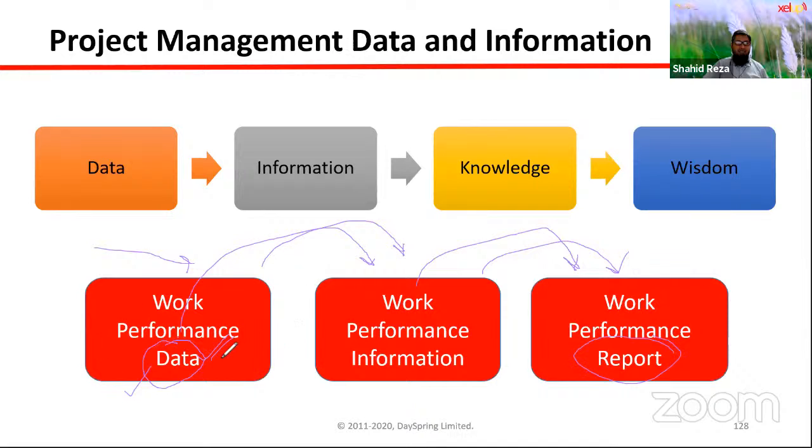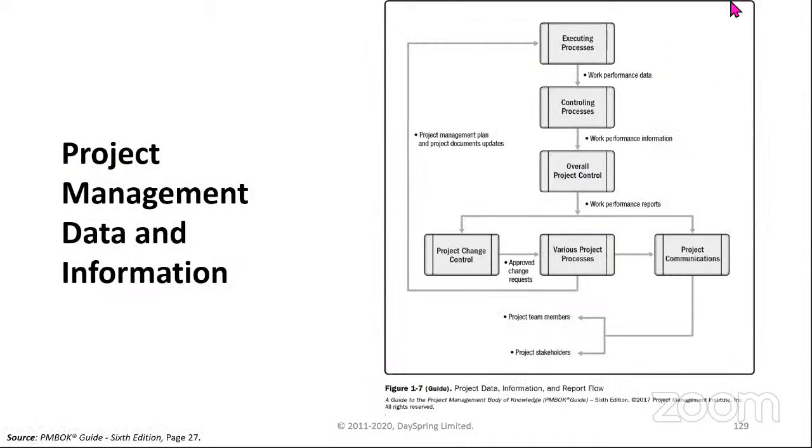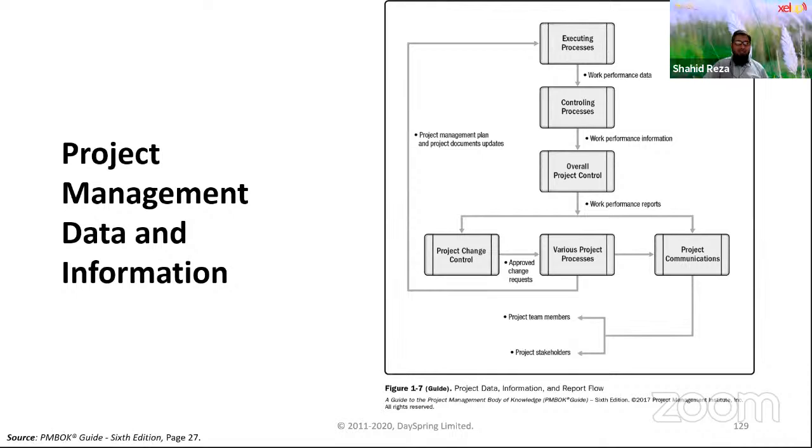So we will see how these are related to different processes and different concepts of PMBOK. Just keep in mind, I will discuss later when we see this frequently in different processes. And can data be measured qualitatively? Yes, of course.